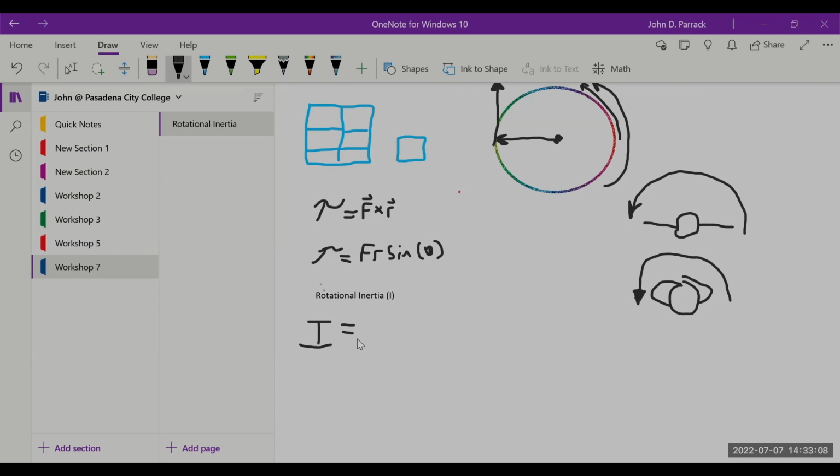So for a point mass, and we're not talking about continuous distributions of mass yet, which would involve calculus, so don't worry about that just yet, the moment of inertia, or the rotational inertia, is going to be the sum of each element of mass, say one point mass, multiplied by the distance from the axis of rotation to that point mass, squared. And then we sum up all the different point masses.